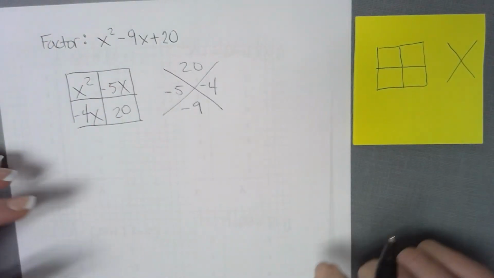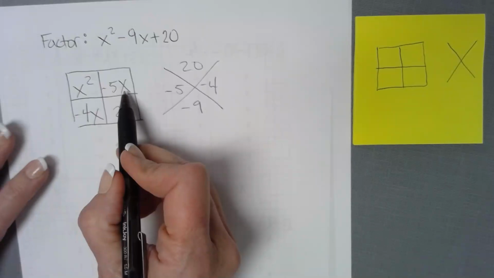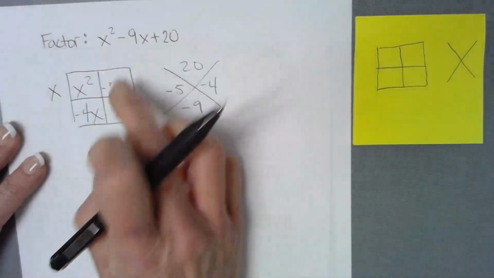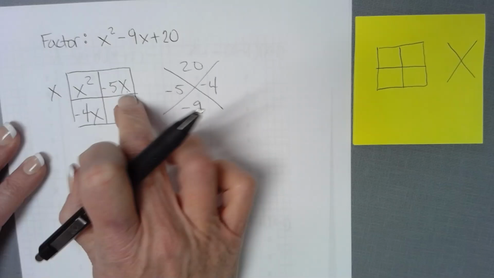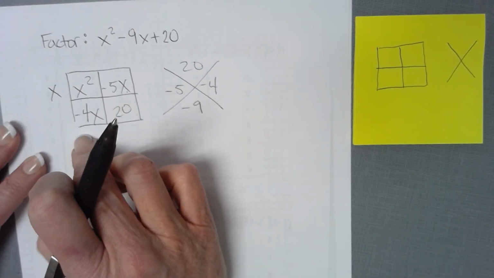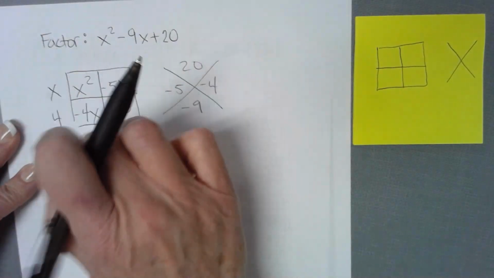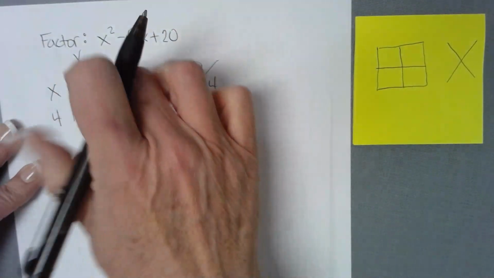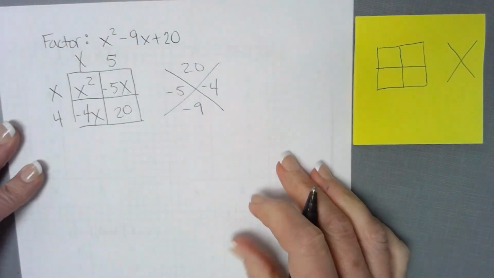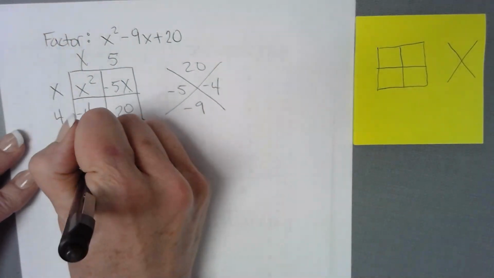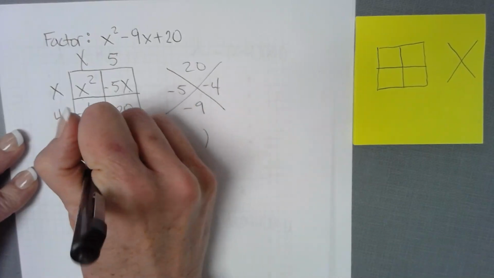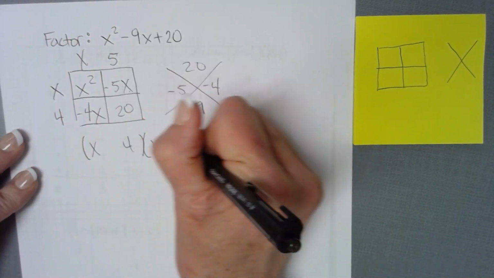Okay, y'all, something I noticed with some folks. When you're doing a greatest common factor, if the minus sign is not in both, don't pull it out. So GCF here is 4, GCF there is x, GCF here is 5. So we have two parentheses. We've got an x and a 4, we've got an x and a 5.